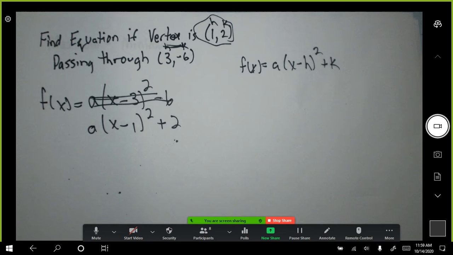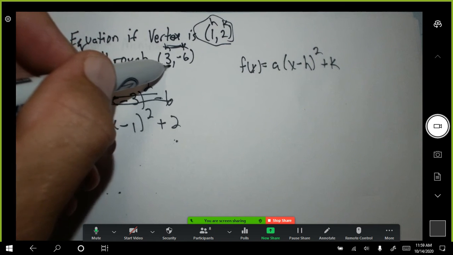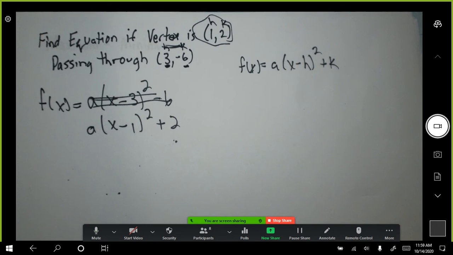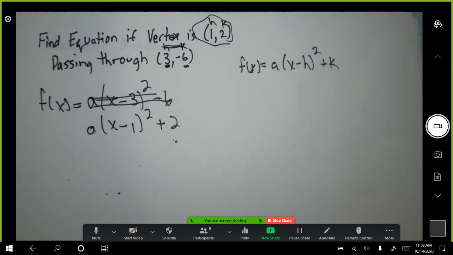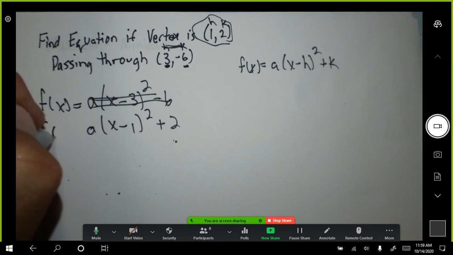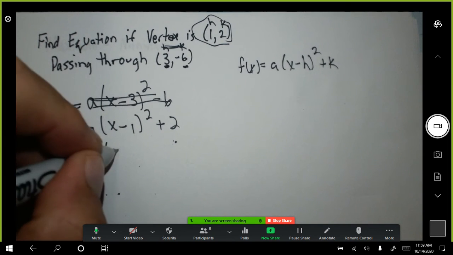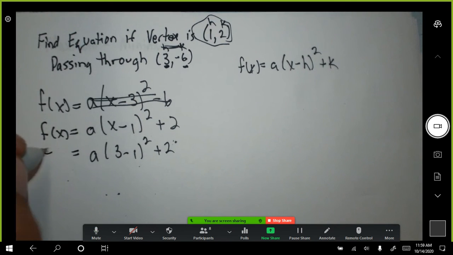All right. Now, what we're going to do to find the value of a is, because we have been given the point (3, negative 6), to find the value of a that goes through this point right here, 3 is the x value, negative 6 is the f of x value. So the input is 3, so if I put 3 in for x, I know that's going to output negative 6.